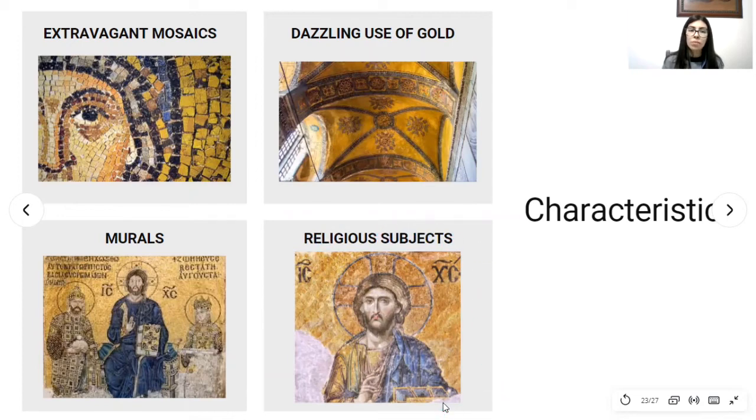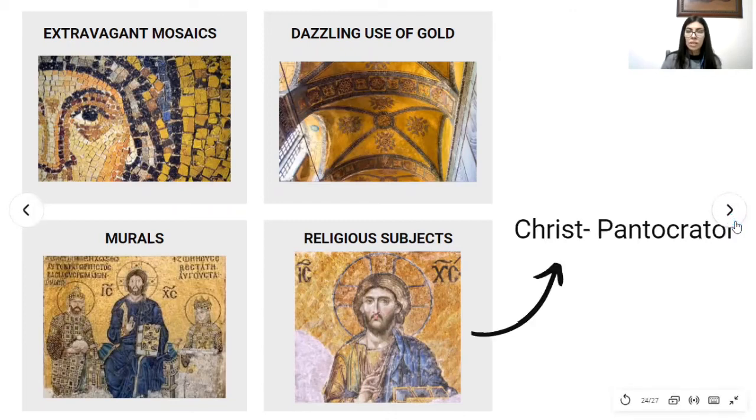These religious subjects were encouraged by the church, which held a vast amount of wealth and influence in the Byzantine period. Due to this, the Hagia Sophia has one of the most famous mosaics from this period that depicts Christ as the Pantocrator, or the ruler of the universe.